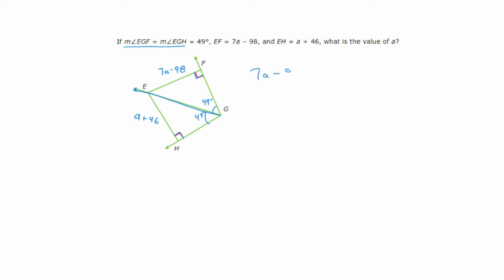Then you would just go letters to one side, numbers to the other, and solve for A. If they want either side, EF or EH, you just take what you get for A and plug it in to either.